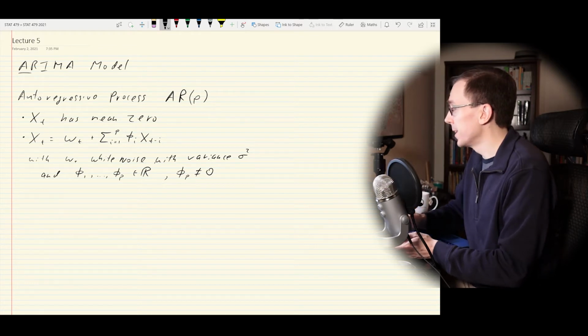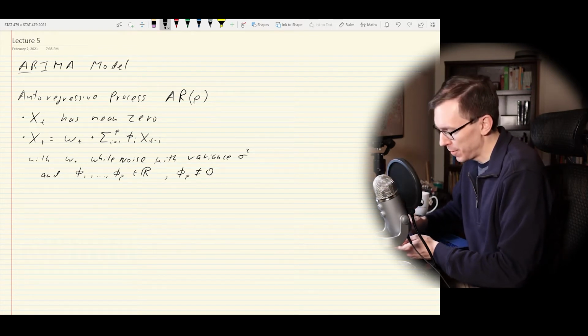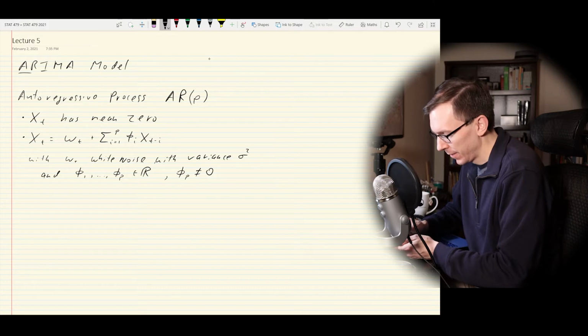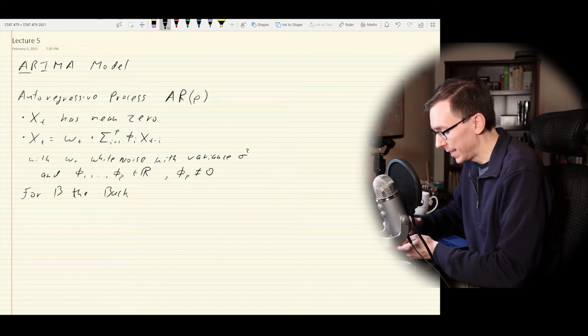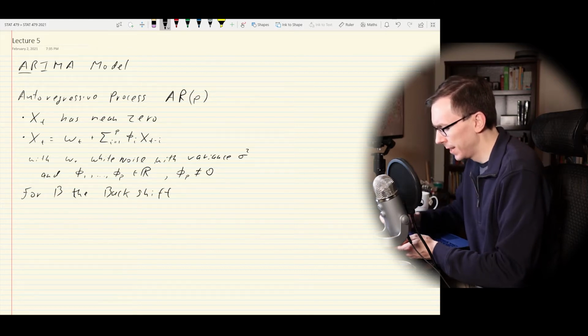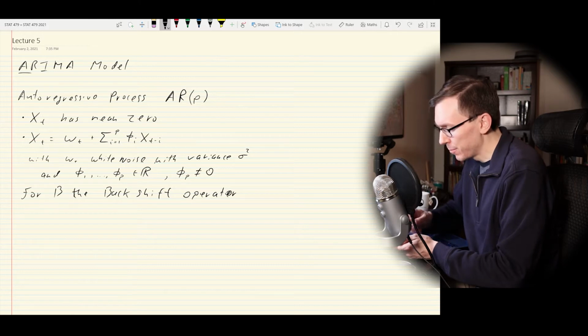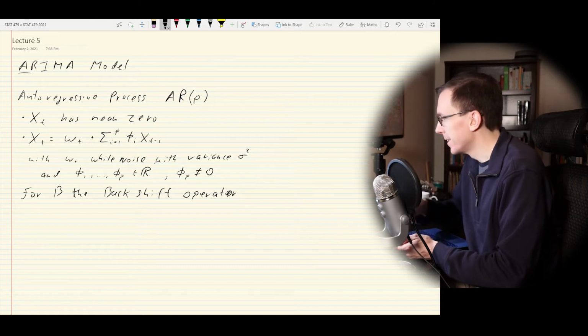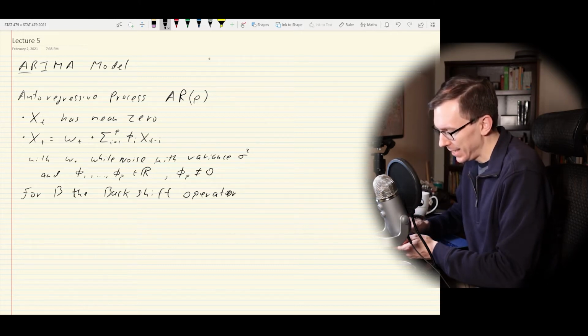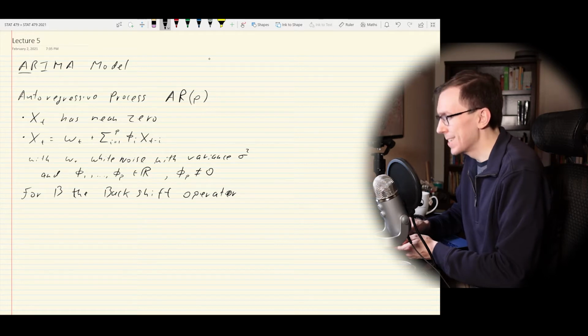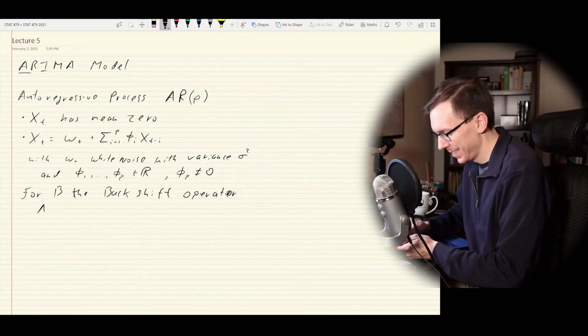So what we're going to do is we can actually write this in terms of the backshift operator. So I'll say for B, the backshift operator, the one that I talked about, I think, two lectures prior to this one, what we can do is define the autoregressive operator.